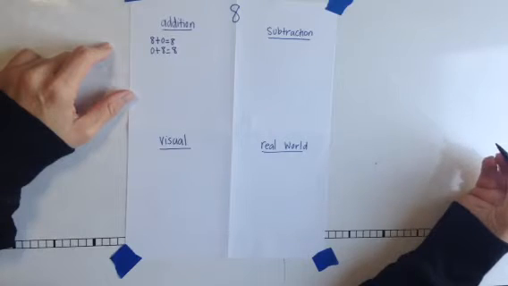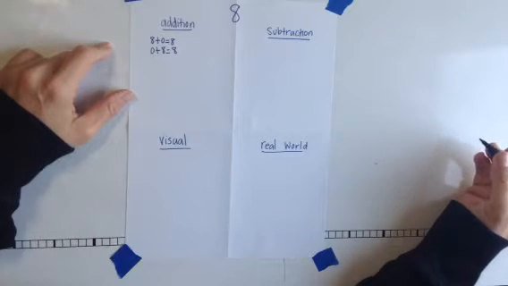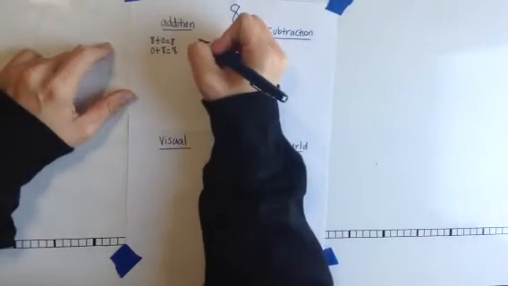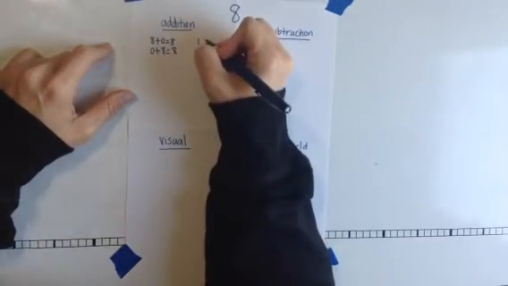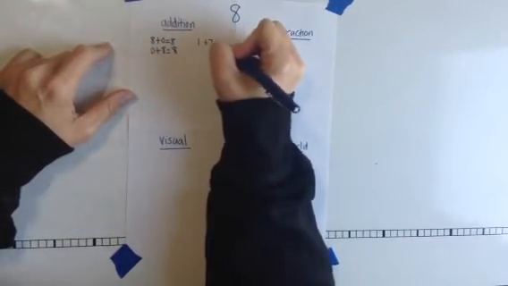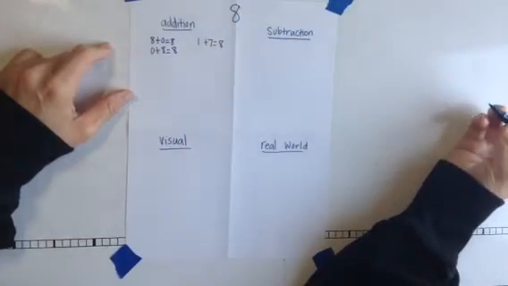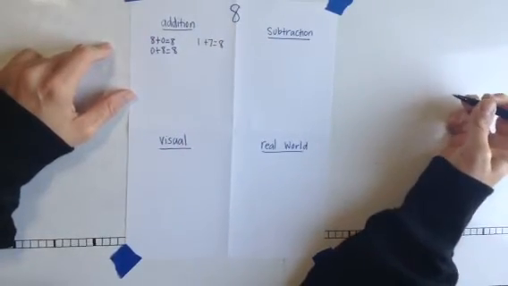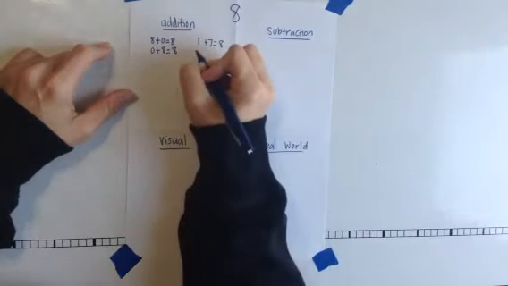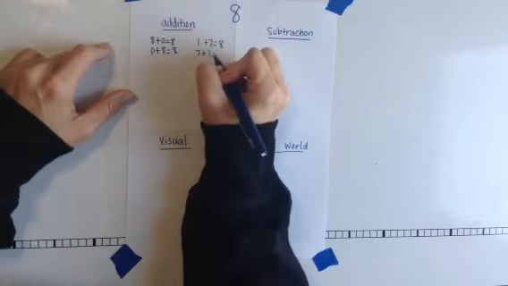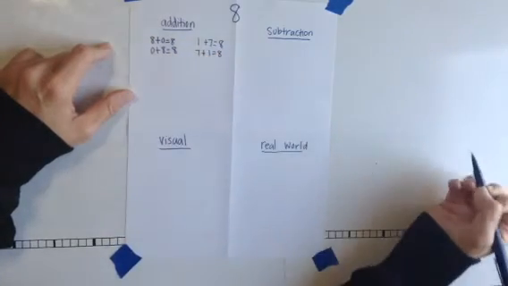Let's see, what's another combination I know that makes 8? I think I'm going to start with 1 this time. I know that 1 plus 7 equals 8, and then using that commutative property, I can switch the order of the addends, and I can do 7 plus 1 also equals 8.